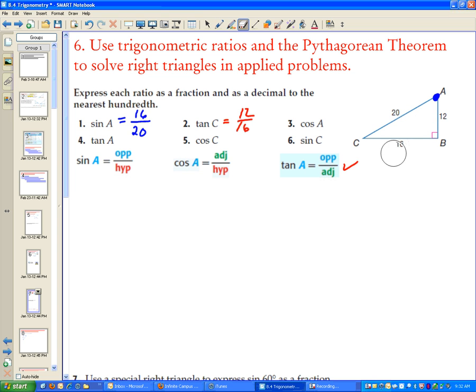All right, number three, the cosine of A. So we're back to A. Cosine is adjacent over hypotenuse. The adjacent leg is 12. The hypotenuse is 20. Make sense?